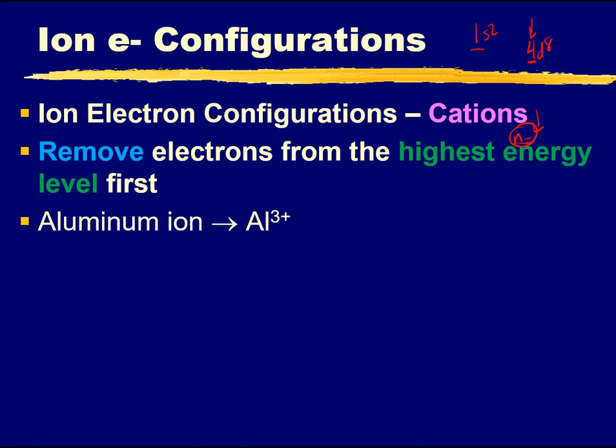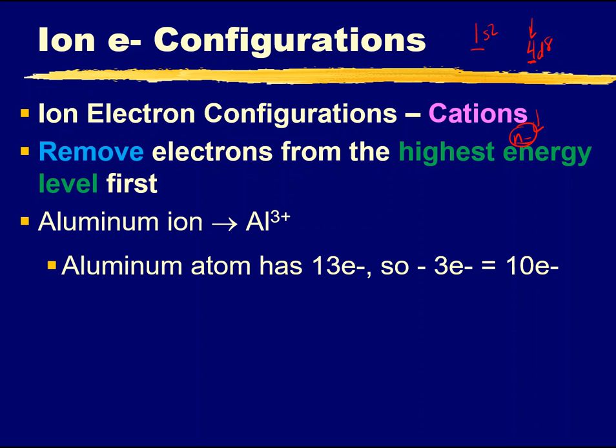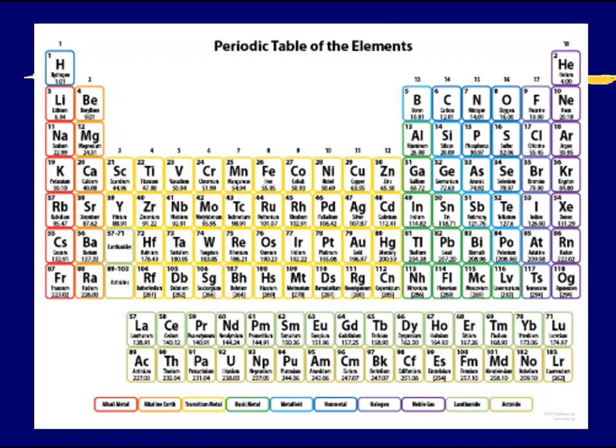So if we're looking at the aluminum ion, Al3+, what does that mean? That means I'm losing 3 electrons. Aluminum has 13, so if I have 3+, I've lost 3. Now I have a total of 10 electrons. We already know what 10 electrons looks like because we just did it. It's neon, the same thing as neon. Aluminum typically would end up here at 3p1, right?